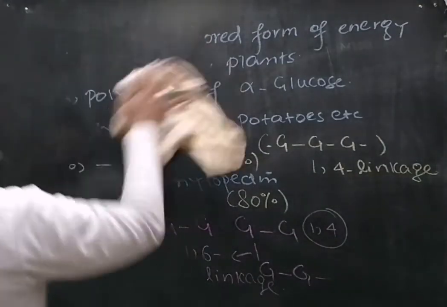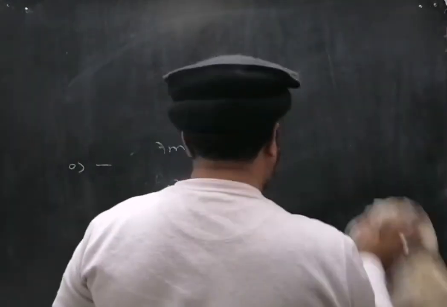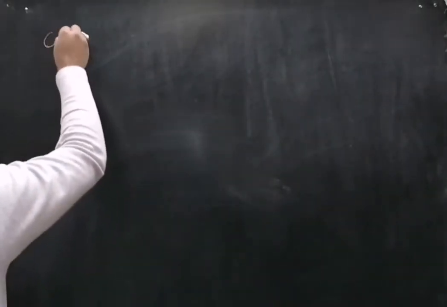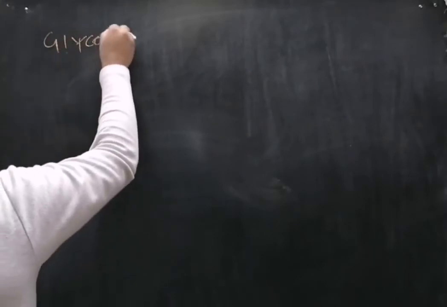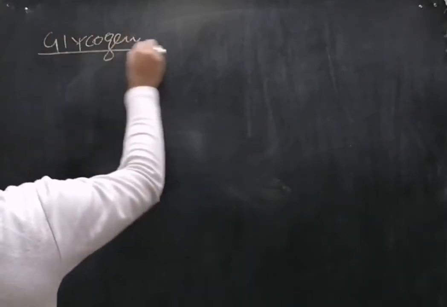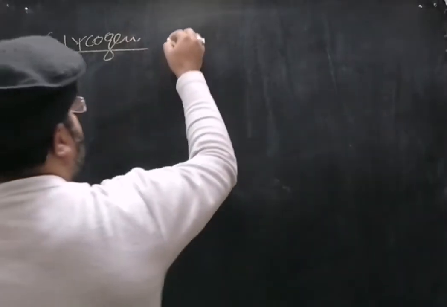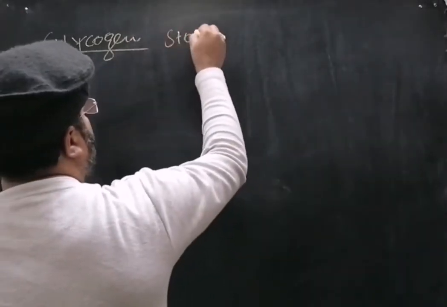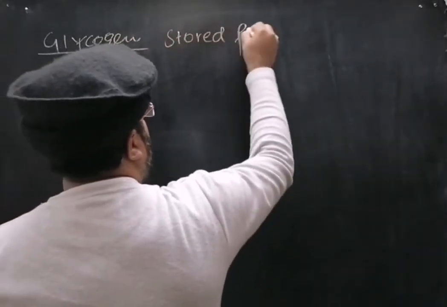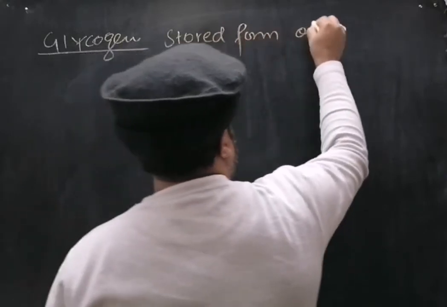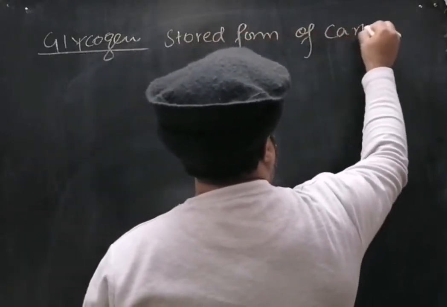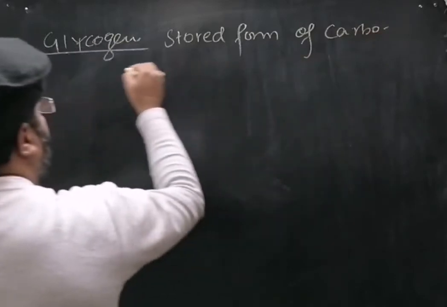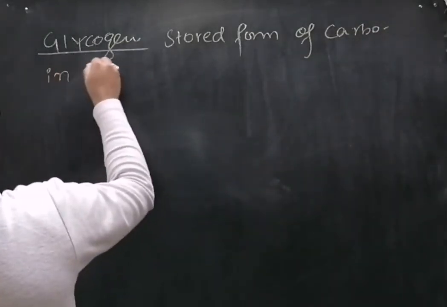Now the next type is glycogen. Glycogen is basically a stored form of carbohydrate in animals.